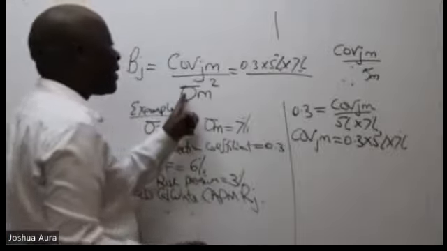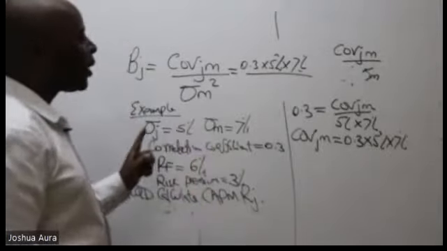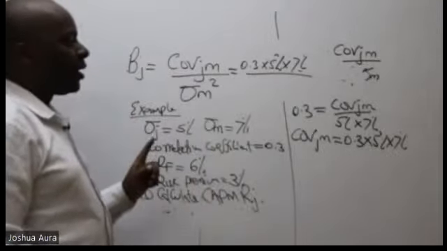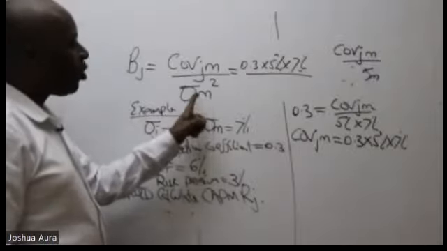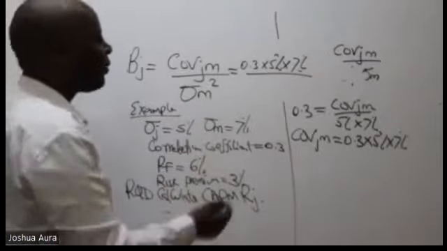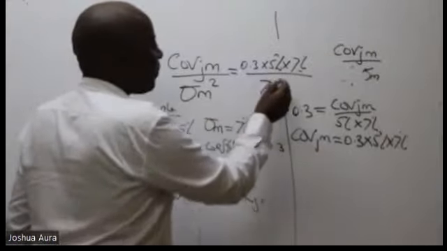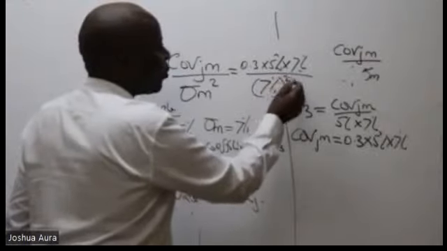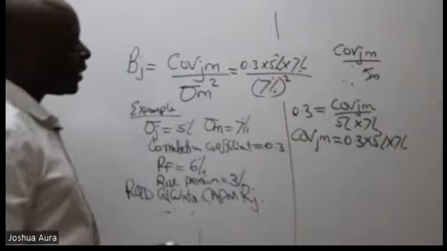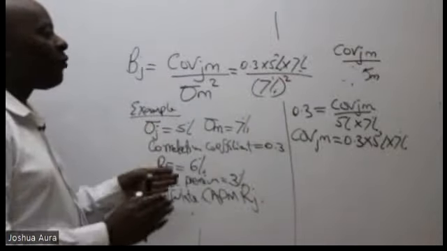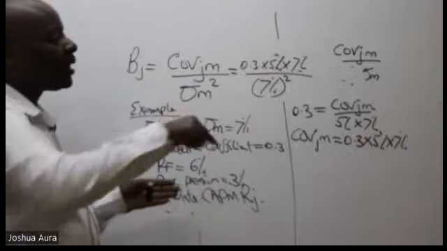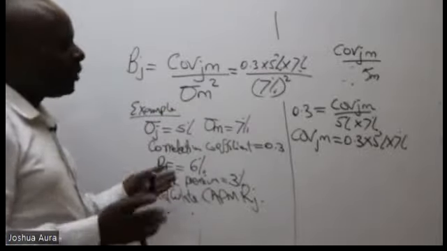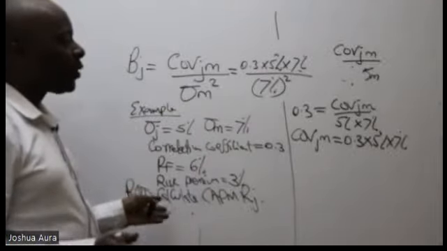Divide this by the standard deviation of the market squared. This is 7% squared. Of course, I would have been better off leaving out the percentages.